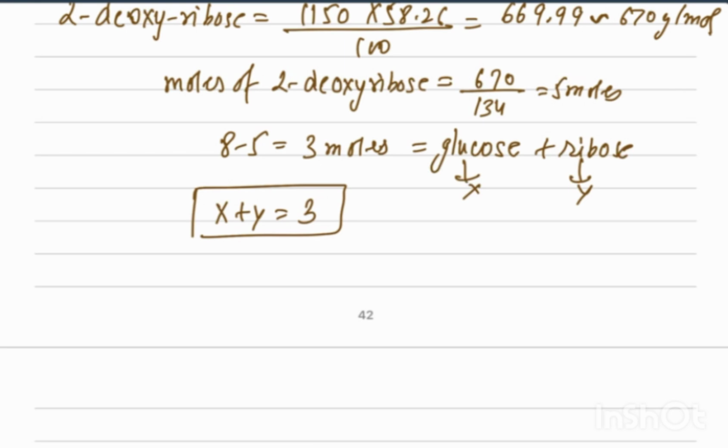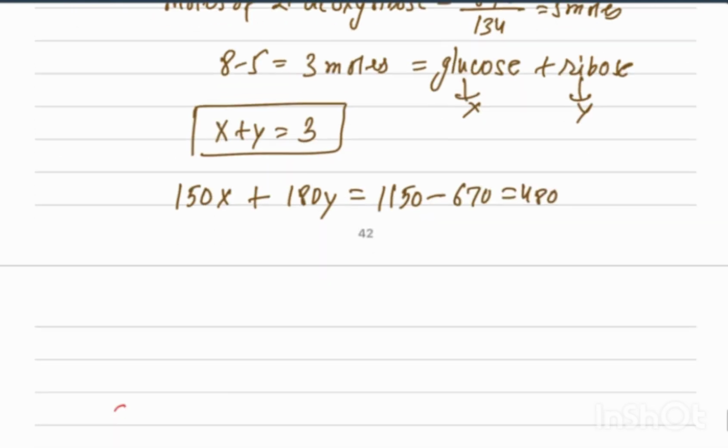Now if you see here, the other thing we know, 180 into x will give the mass of the glucose, and 180 into y will give the mass of the ribose, which will be equal to 1150 minus 670, which is 480. So now we have two equations, 150x plus 180y is equal to 480.